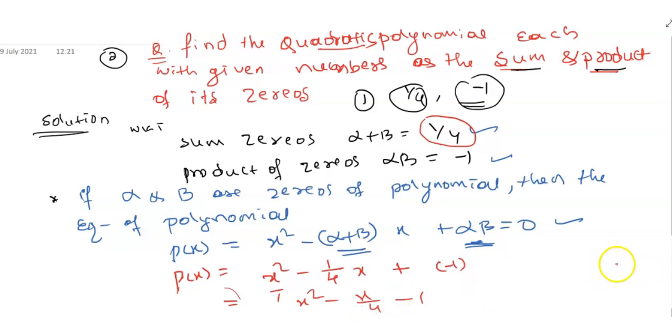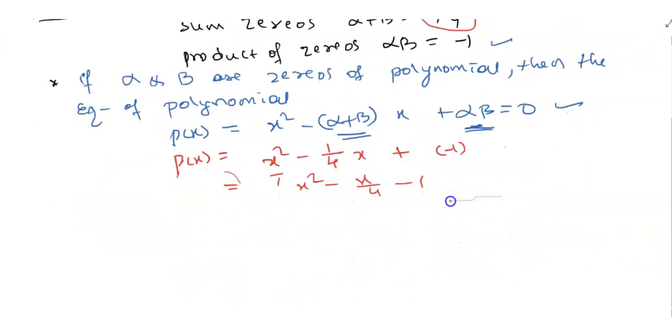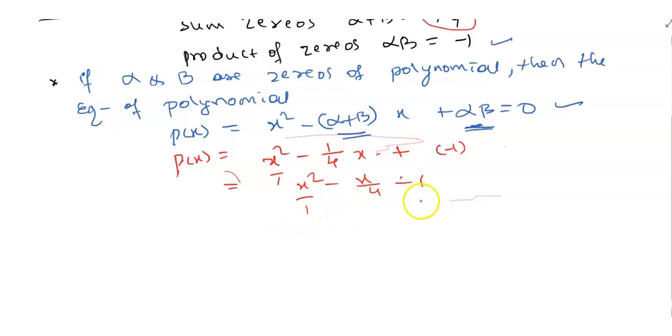If you take the LCM here, 4 is your LCM. Anyhow, p of x will be 0.